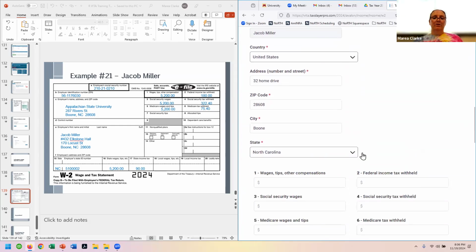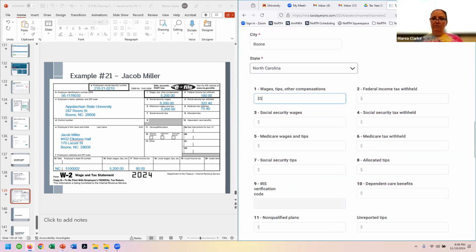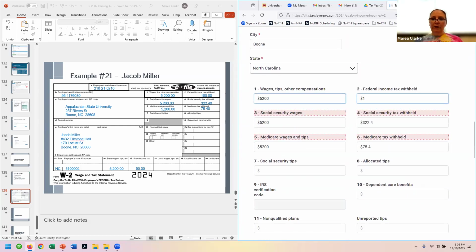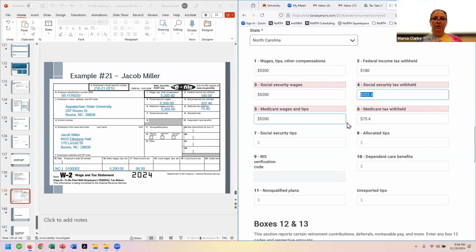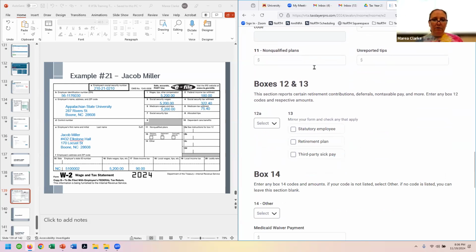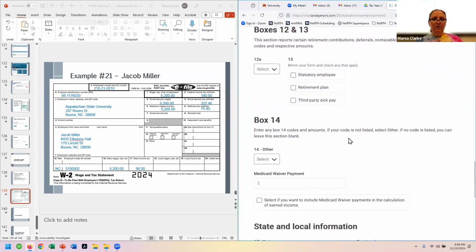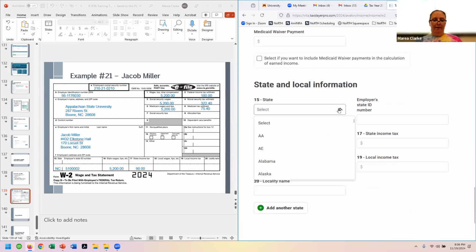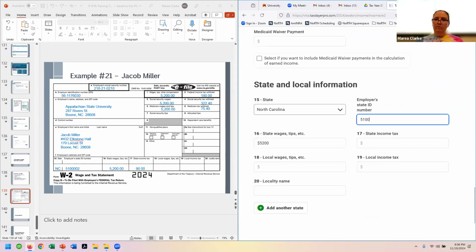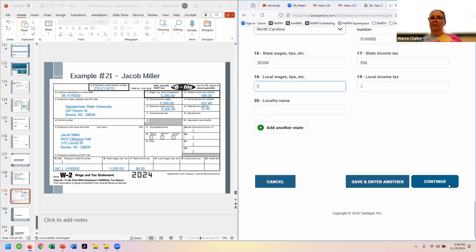There's App State's information. 200, 180. It does the math automatically on the Social Security and Medicare. It doesn't have anything checked here. He pays state tax. $90. There we go.